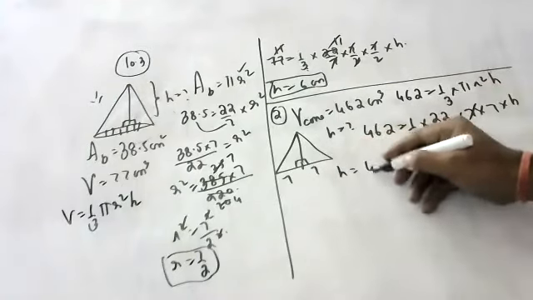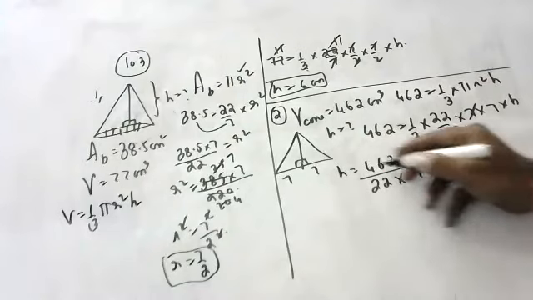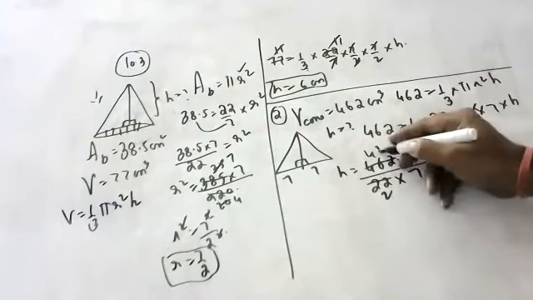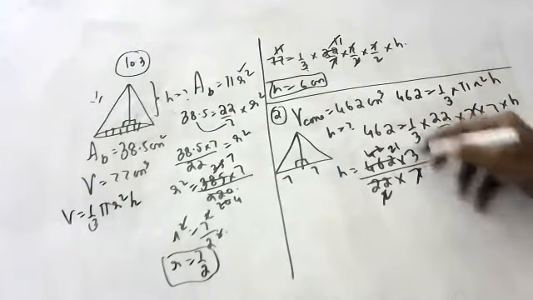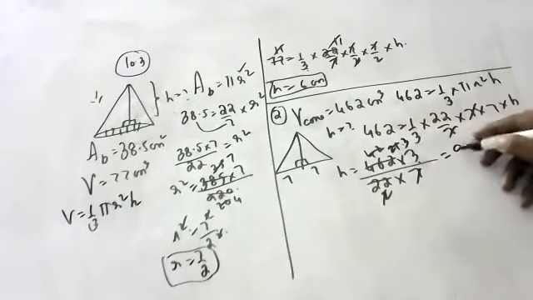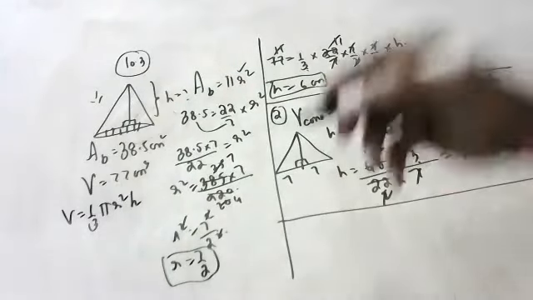So h is equal to 462 into 3 by 22 into 7. That gives 9. So 9 centimeters is the height of the cone.